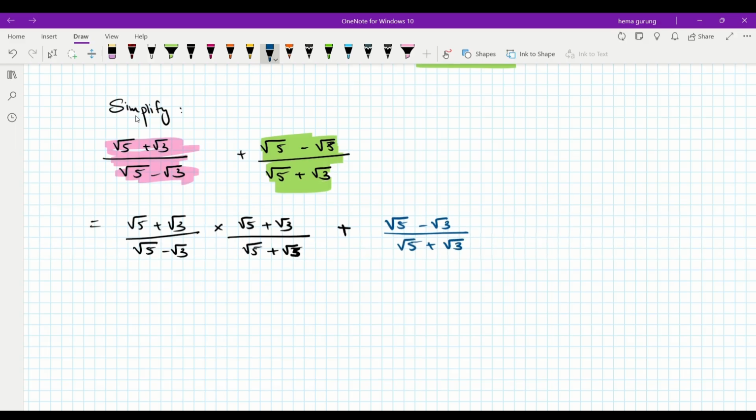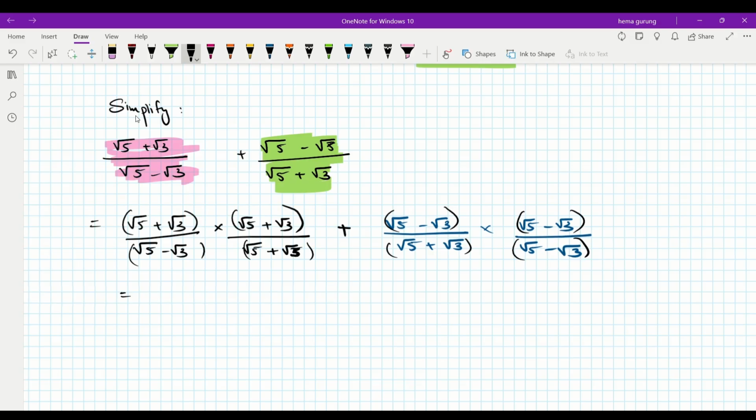What's the conjugate of root 5 plus root 3? It's root 5 minus root 3. Now let's multiply them. It's a multiplication of two binomials, so don't forget to put brackets. Otherwise you may get confused.